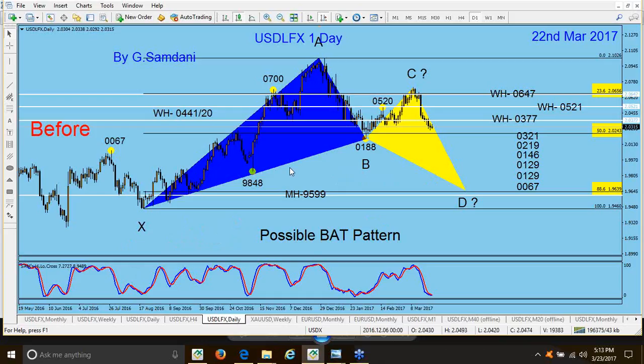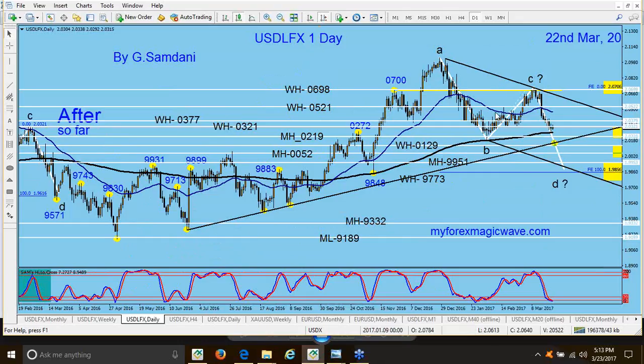If I see something clean, and a lot of pairs are doing the exact same thing, like this one right here, then maybe in the next webinar I can show you practically live: this pair is making this wave, this is making this pattern, and these are the calculations. Based on this study, I made this chart when it was here, going to go up here and then drop, and look what's happening so far. Very, very nice.